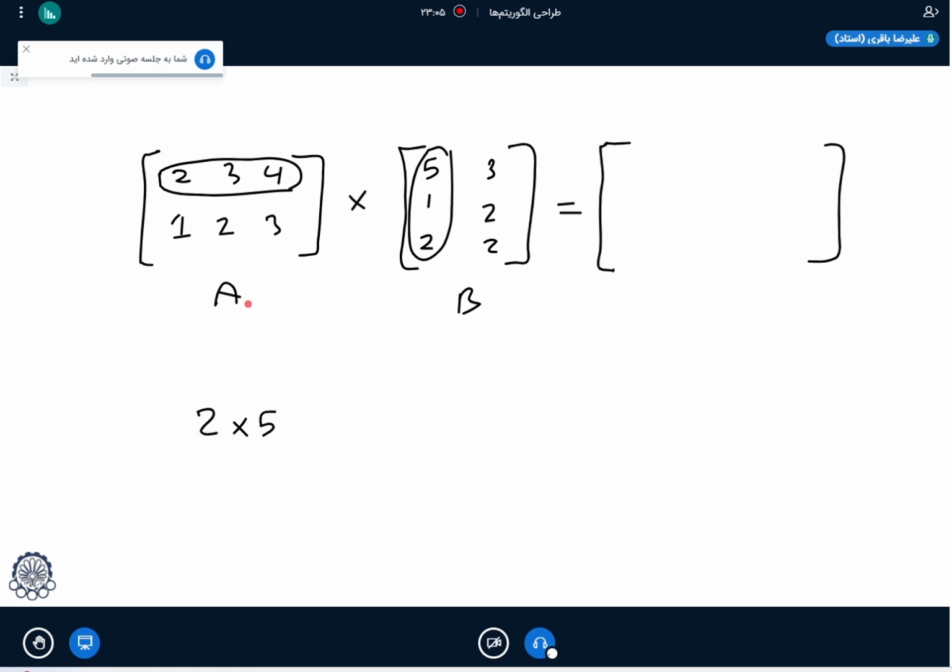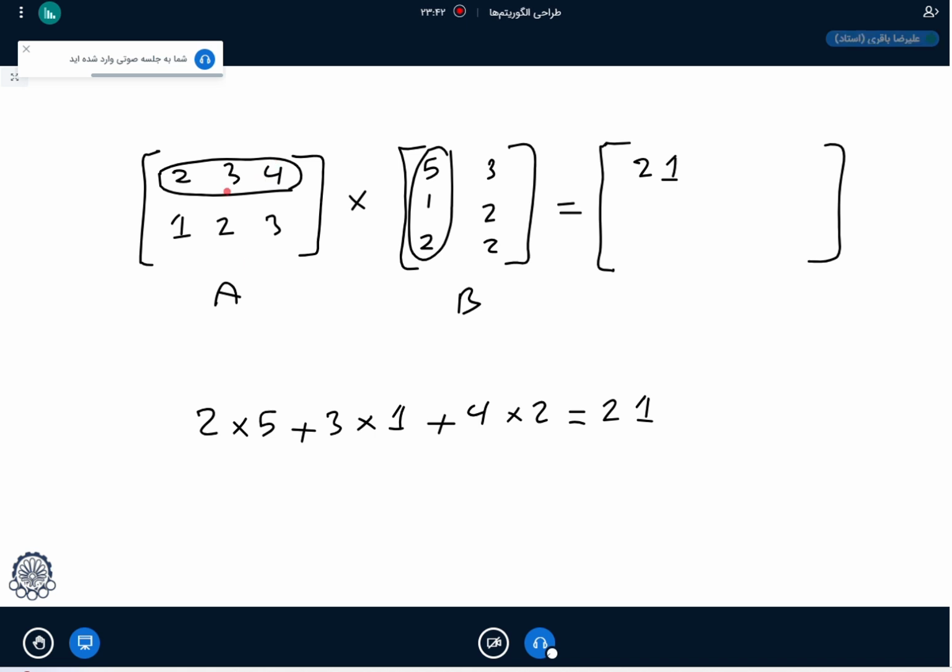I mean 2 is multiplied by 5, plus the multiplication of 3 by 1, plus the multiplication of 4 by 2. The result is 21. So we have 21 here.